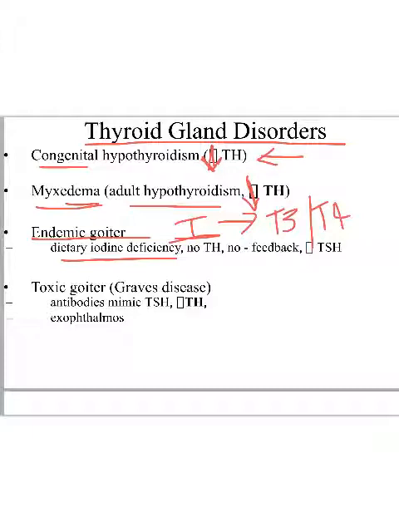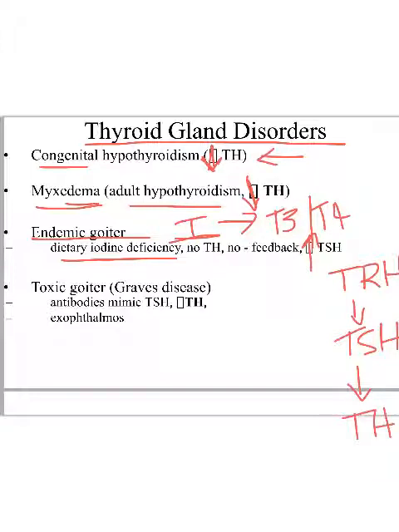So what happens is the negative feedback loop gets messed up. You're supposed to have thyroid releasing hormone, thyroid stimulating hormone, and then thyroid hormone. Well, what happens is, okay, you can't make this. So you can't make thyroid hormone, so you don't have any of that. So this is not feeding back to here.